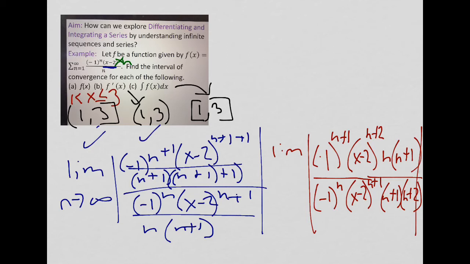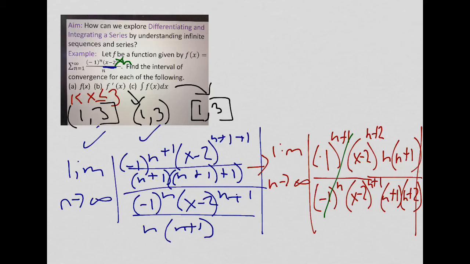So there's an absolute value there. Hopefully we can see the flow from one to the other, and let's keep simplifying. I've already discussed this many times. This is going to be -1 to the first power, which is -1, but it's an absolute value, so this is just going to be 1.